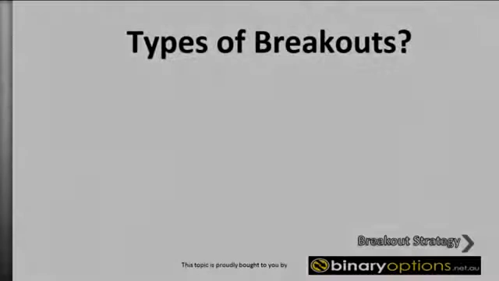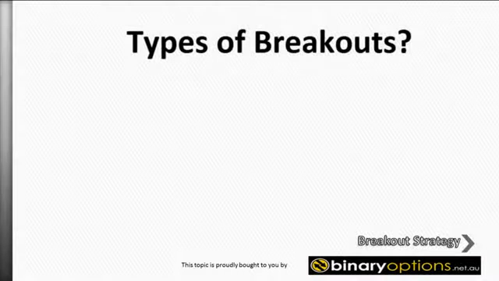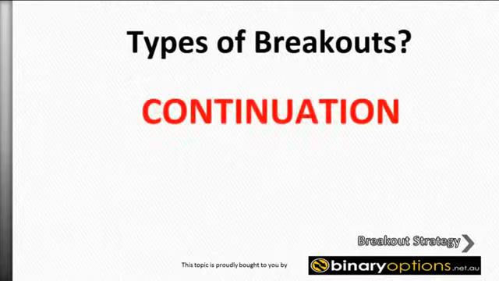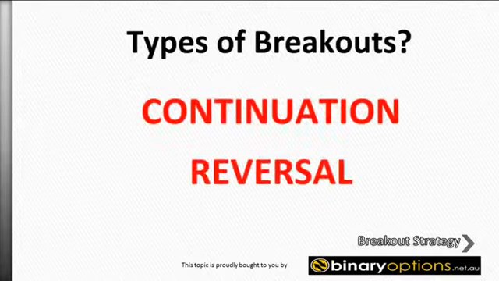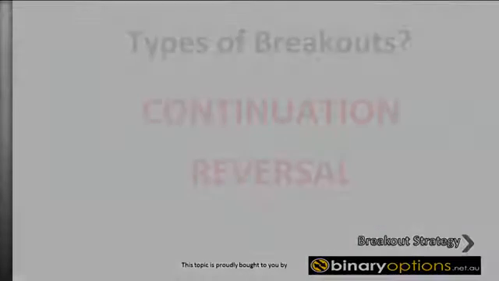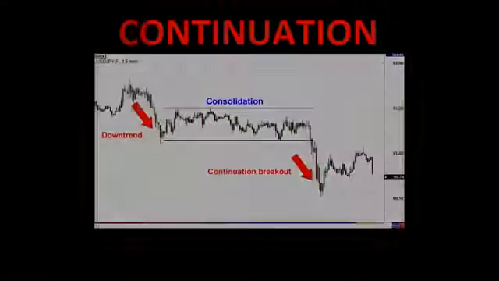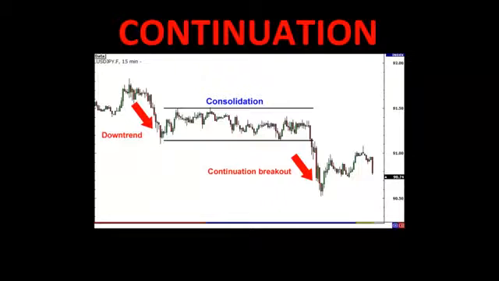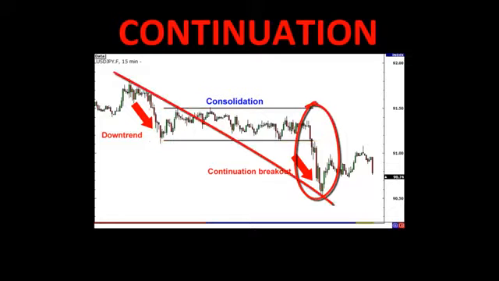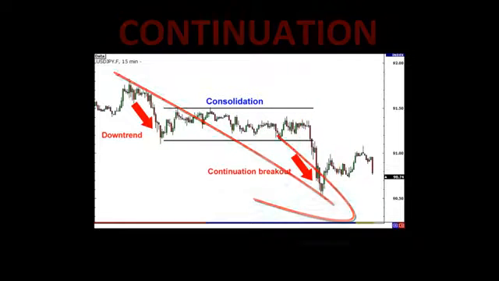When trading price breakouts, there are two main types: a continuation breakout and a reversal breakout. A continuation is a breakout pattern whereby, following a pause in a trend, also known as consolidation, which is characterized by a period of range-bound movement, price breaks out, resuming in the original trend direction.